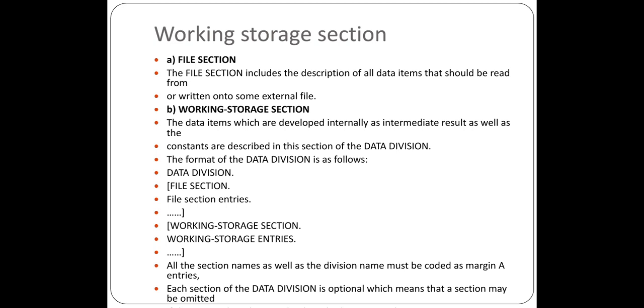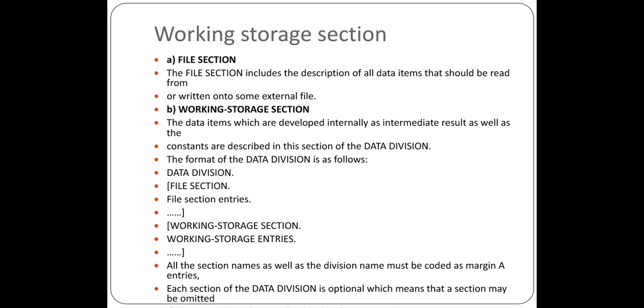Here we have the format of the data division. You have the data division, first the file section, which consists of file section entries, and next the working storage section, which consists of working storage entries. While mentioning the working storage section, you must include a hyphen between working and storage.